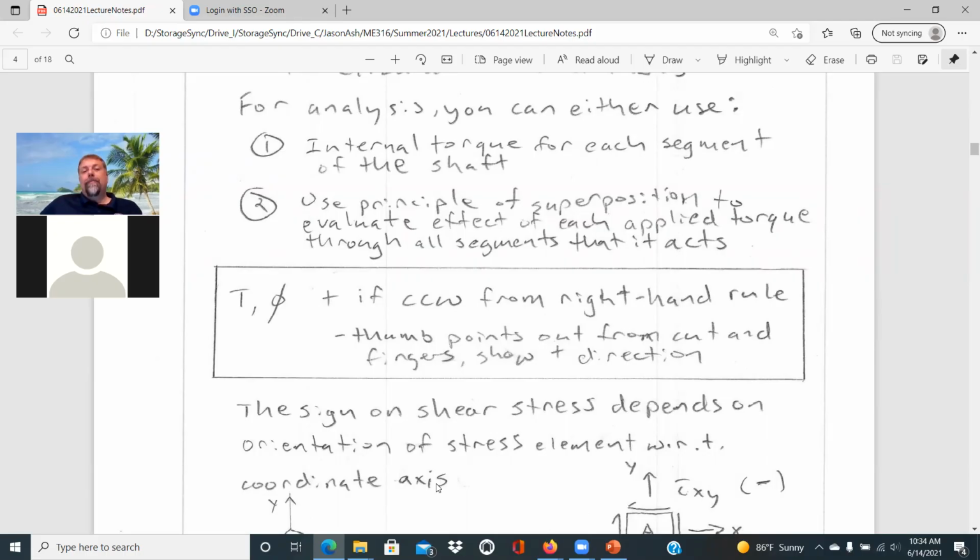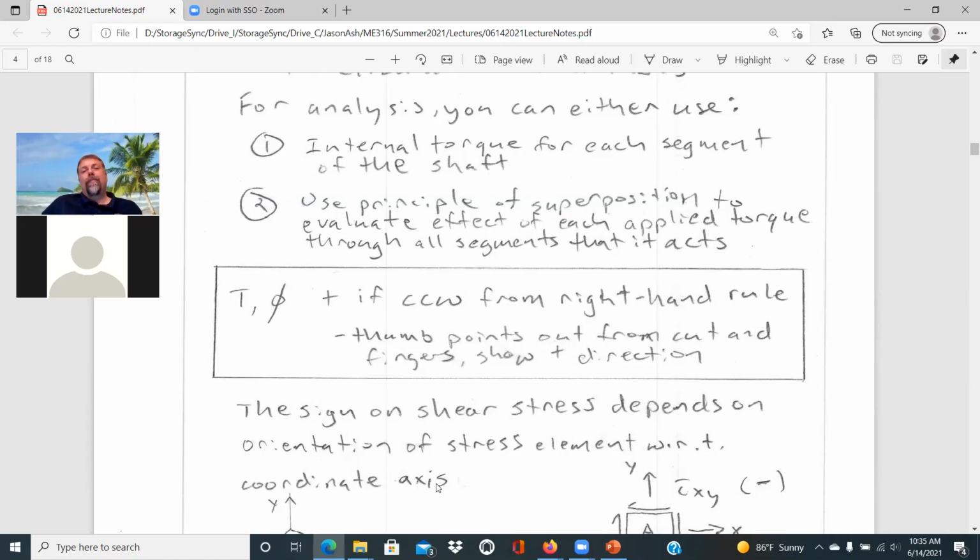Second, you can also use the principle of superposition to evaluate the effects of each applied torque through all the segments that torque acts on. That's a little trickier, but it can make things easier in the process. There you're basing things off the external torque that's applied and looking at the effect of that one external torque on all the segments, and then adding up the effect of another external torque.